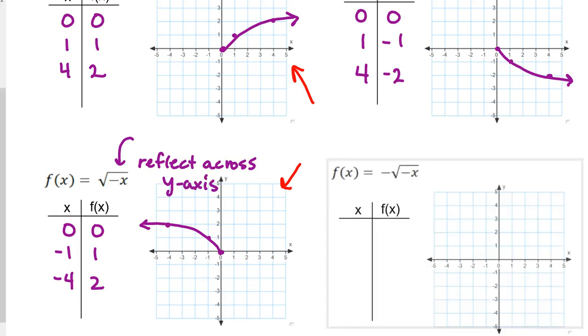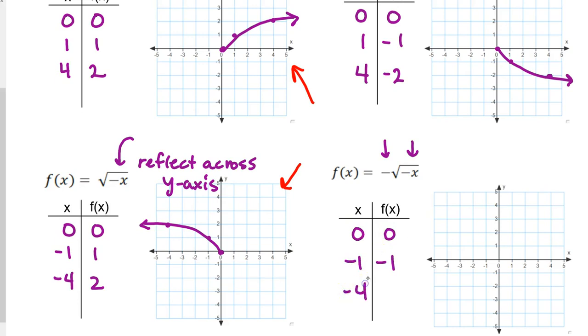Now what happens if we do both? So you can see here in my equation I have a negative on the outside and a negative on the inside. So we could expect to see a y-axis reflection and an x-axis reflection. We can get a few points in there. If x is -1, the square root of the opposite of -1 is 1, and the opposite of that.